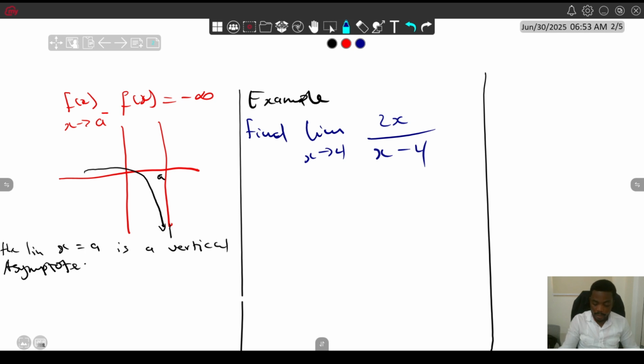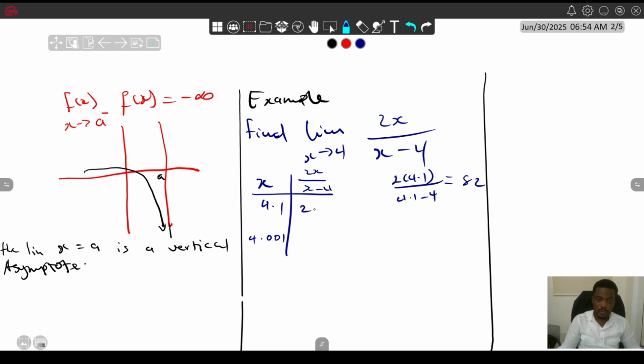From the right, let's choose for x 4.1, and then 4.001. For x equal to 4.1, we have 2 times 4.1 all over 4.1 minus 4, and this will give us 82.